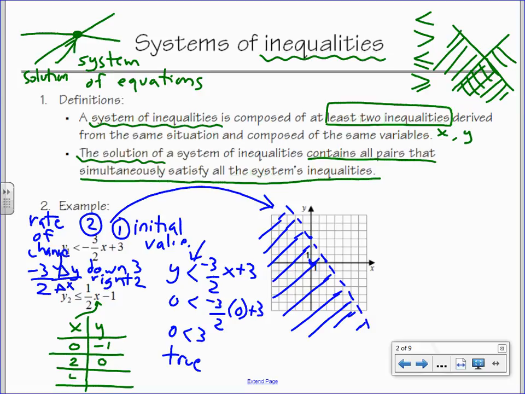And if I put 4, 1 half times 4 is 2, minus 1 is 1. And then I can just come on my graph and graph. So 0, negative 1, I have a point here. 2, 0. And 4, 1. And if I use my ruler, please.